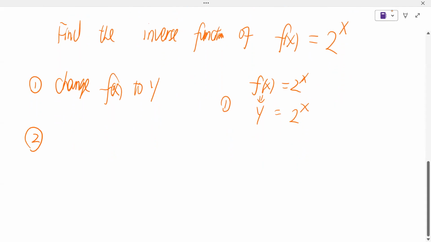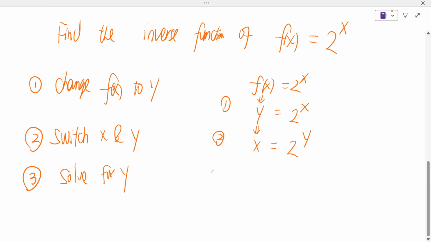Next, second step, switch x and y, right? Let's swap x and y. So second step, y becomes x and x becomes what? 2^y. So third step, then you're going to solve for y.